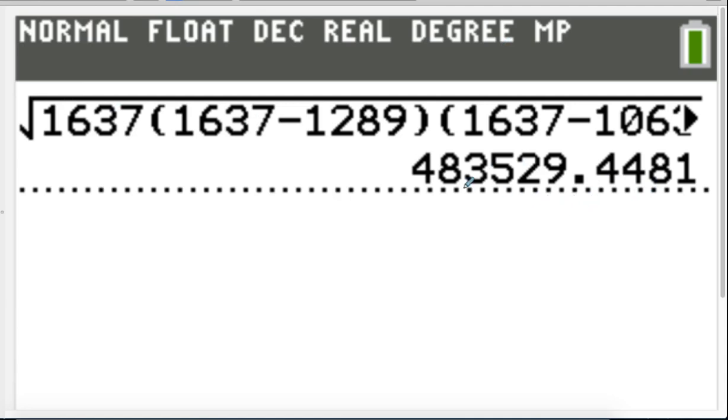So this would be 483,529.45. And in this case, we were talking about square kilometers. So make sure that we label these answers. Okay? So that was a pretty straightforward one, right? We were given all the information we needed to just plug into our formula.